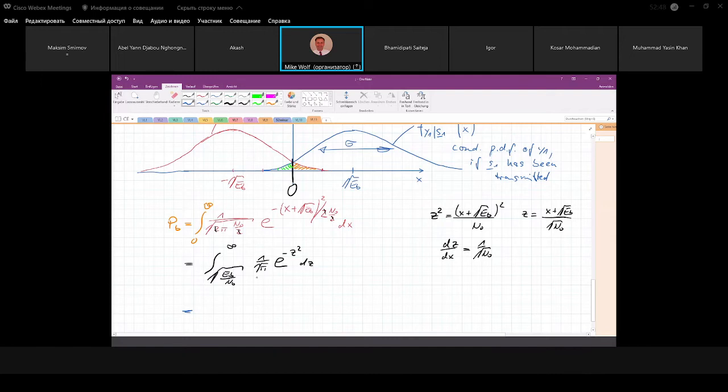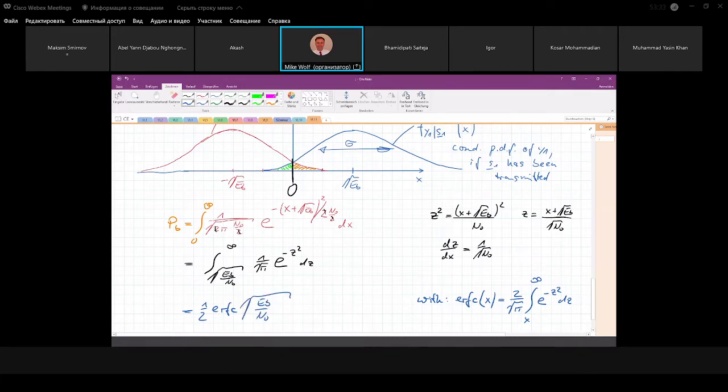With erfc defined as 2 by square root of pi, the integral from x to infinity of e to the power of minus z squared dz, we insert this and get the result: this is just one half erfc of square root of E by N0.